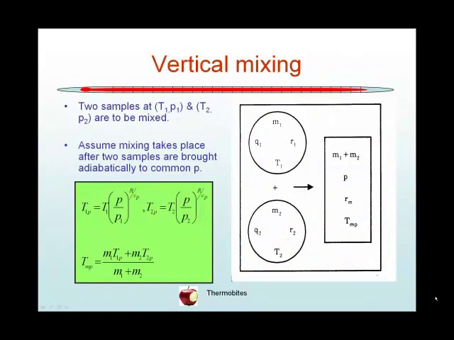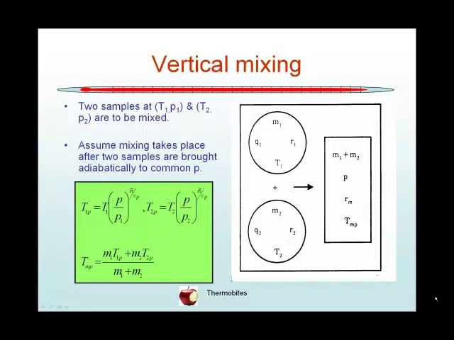So consider two samples of air. You've got one at a pressure P1 aloft with a mass M1, mixing ratio R1, temperature T1, and specific humidity Q1, and lower down at a pressure P2, a mass M2, Q2, R2, and T2, and they're going to mix together at an intermediate pressure level.